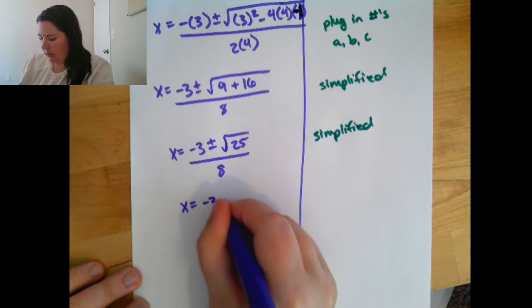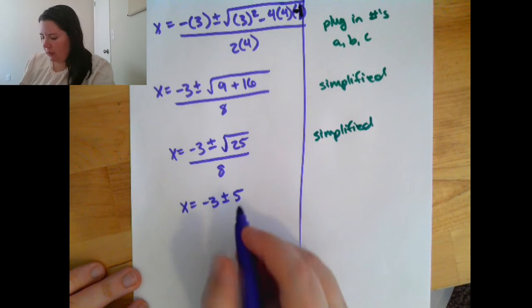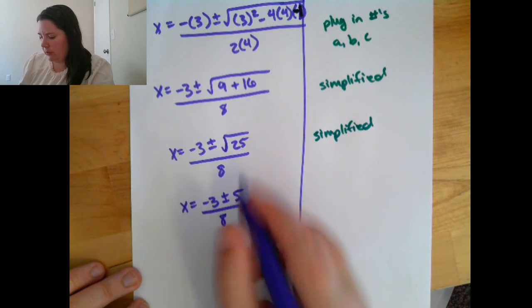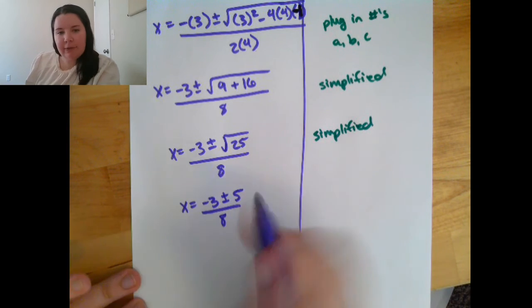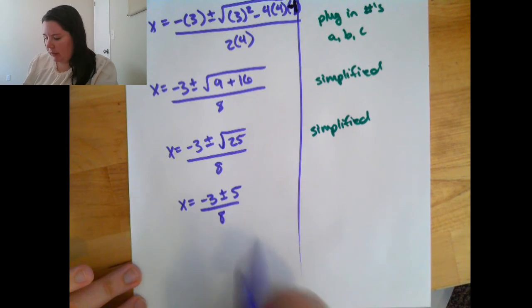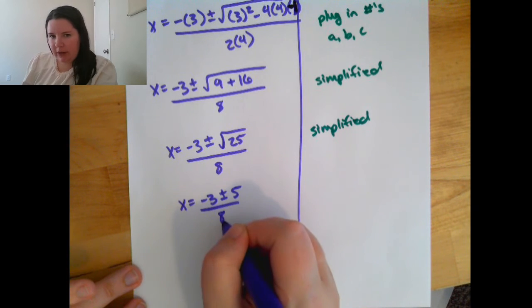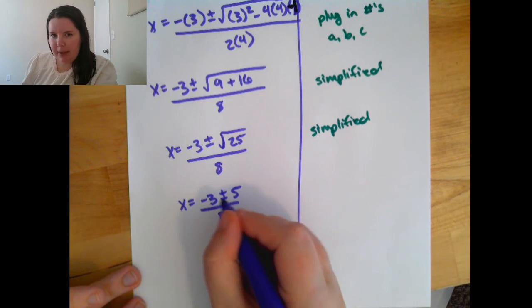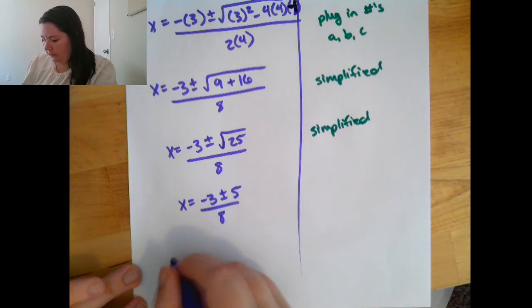Negative 3 plus or minus 5. Notice that even though the square root sign is going away, I still have to have this plus minus sign because I have two answers. I have negative 3 plus 5 divided by 8 and negative 3 minus 5 divided by 8, which we're going to work out here.